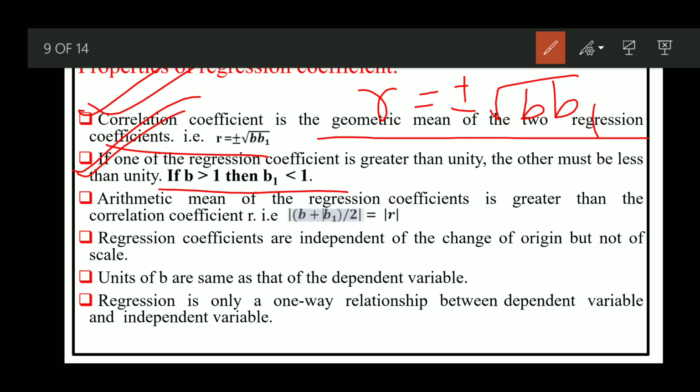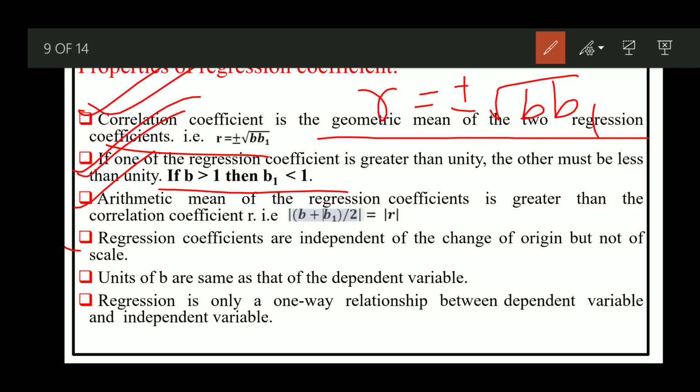It says that if the regression coefficient of y on x is greater than unity, that is 1, then the regression coefficient of x on y must be less than 1. That's the rule. If it's not coming out so, then you have made mistakes. Next, the arithmetic mean of the regression coefficients is greater than the correlation coefficient. This is also known as the mean property.